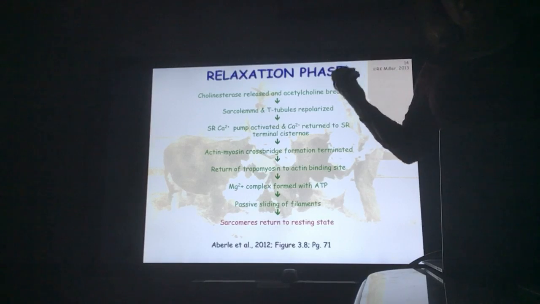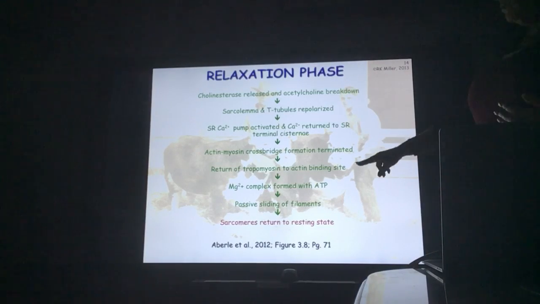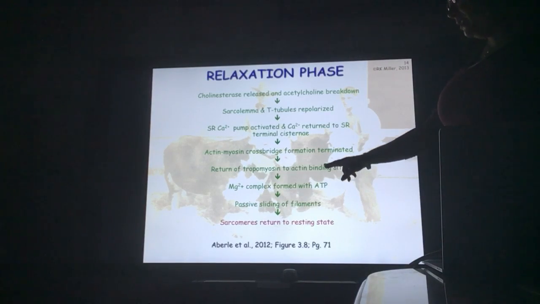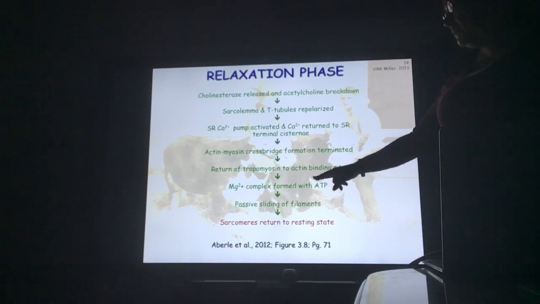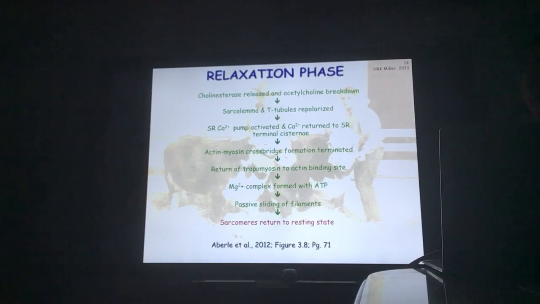So if we can get the myosin heads to release, which we need ATP to do, then tropomyosin can return to the actin binding site. But to get everything to slide back, we need excess ATP to bind with magnesium. That's just a stopgap for the muscle to make sure it has a little bit of reserve ATP.